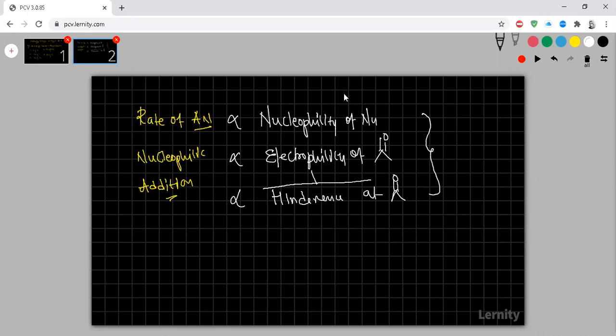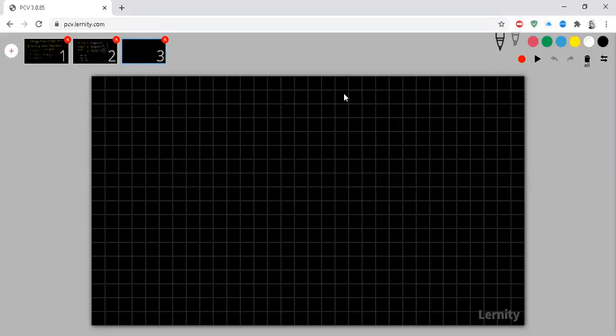Okay. So when the nucleophilicity increases, rate increases, and rate increases when the electrophilicity at the carbonyl group increases, and rate increases when the crowding decreases. Right? So the lesser the crowding at the C=O group, the more the reactivity. Now in the given compounds, as we know, aldehydes are having less crowding at the C=O group when compared to the ketones.